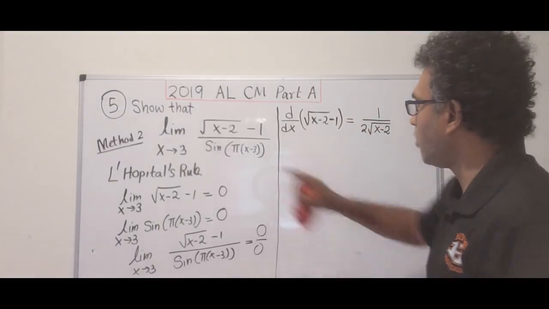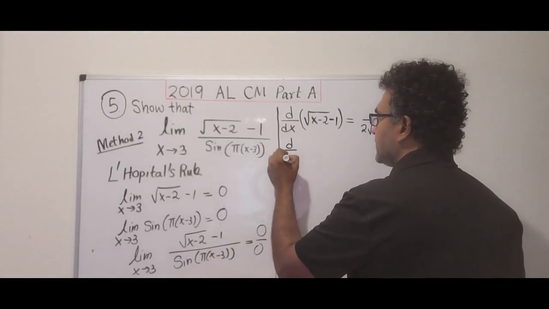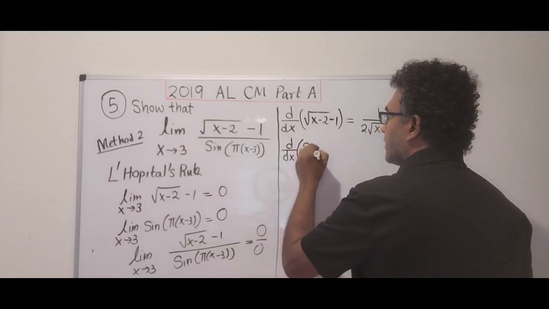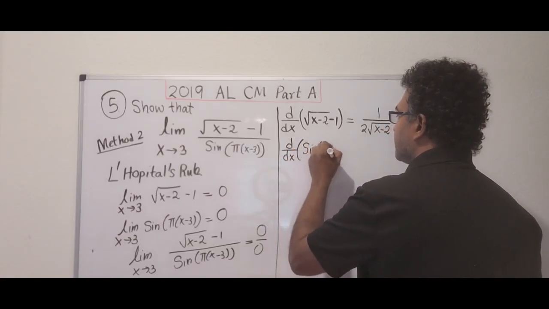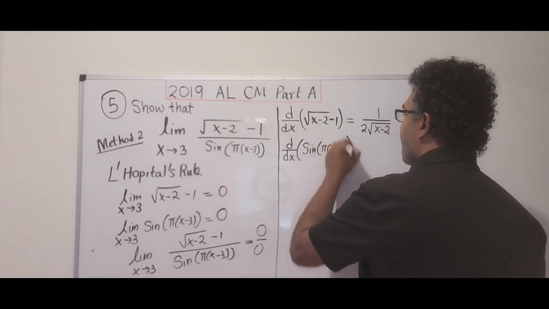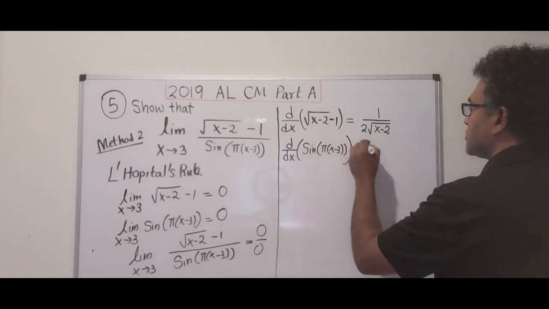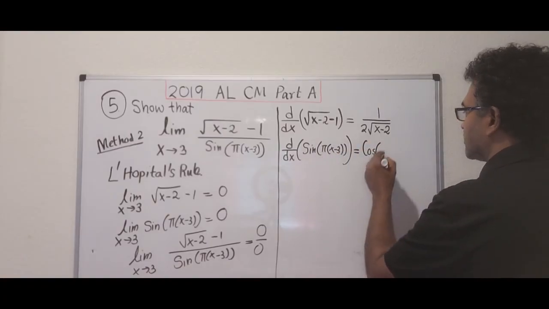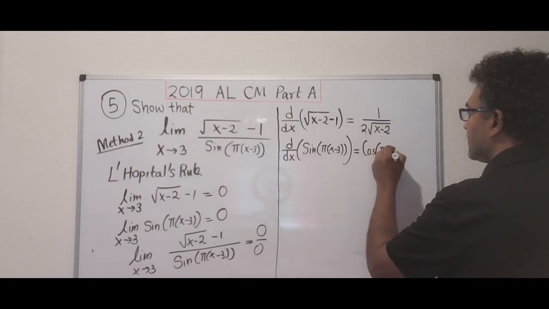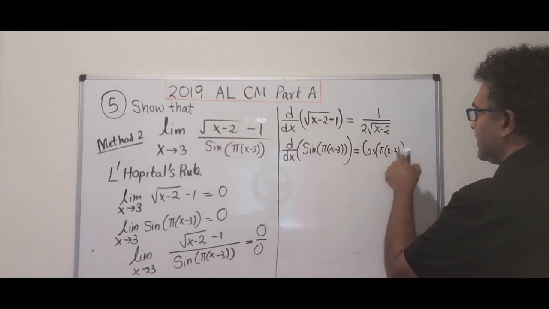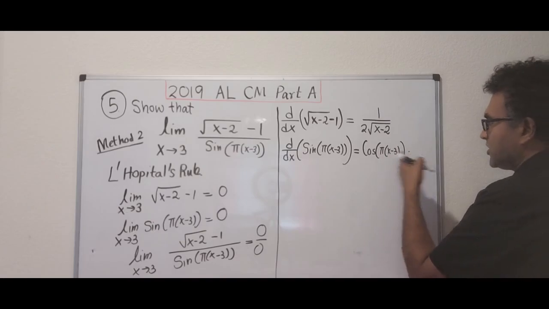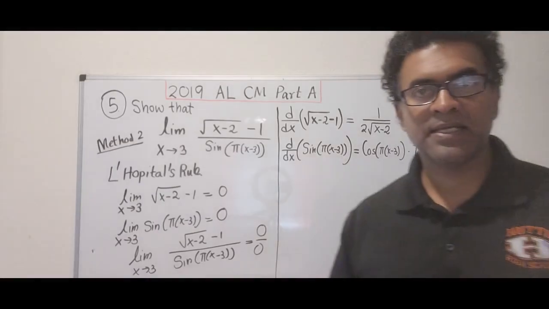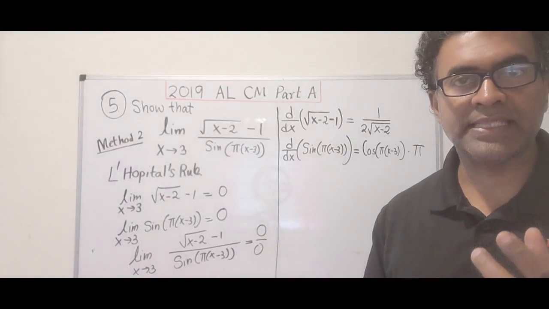And then the denominator, take the derivative of that sine function with respect to x. And then you will see it's going to be cosine function of the same thing. You see, it is a function within a function. And then you take the derivative of this inner function, that's going to lead you to pi. Okay, so those are the derivatives of the numerator and the denominator.